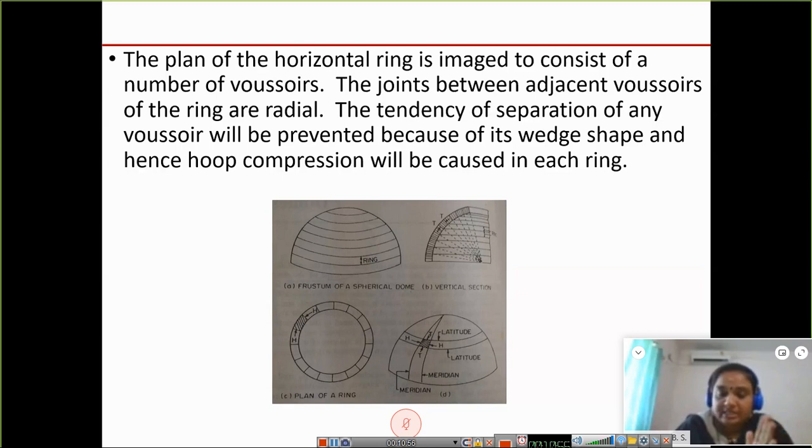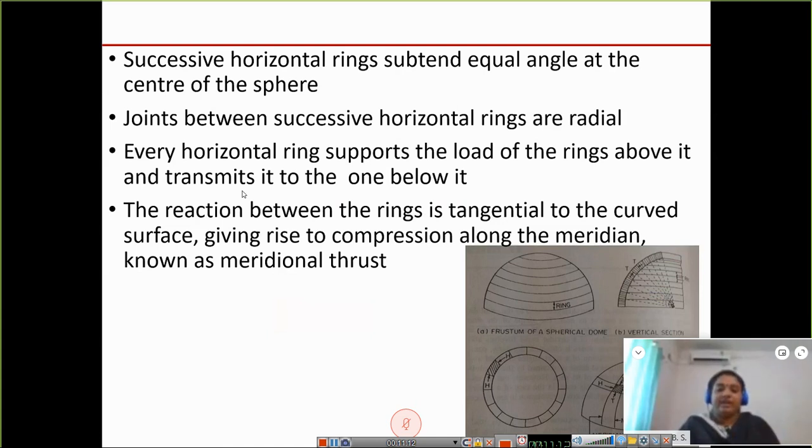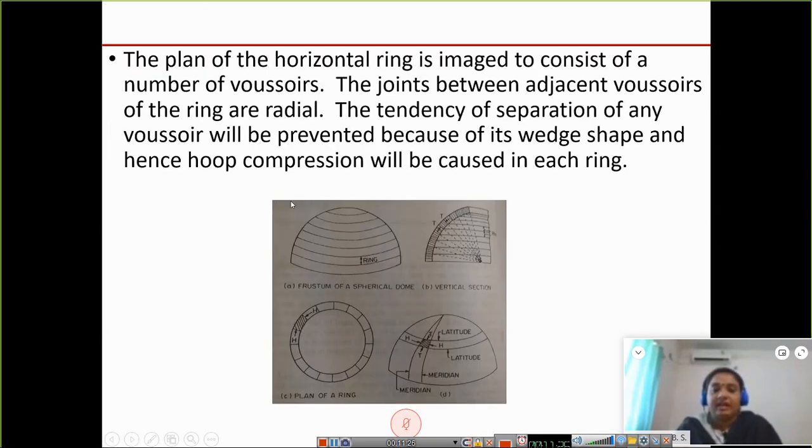So I'll just tell you again. We'll have different components, latitudes and meridians, and the weight of the upper one is coming to the lower one, and that reaction is tangential, which is called the meridional thrust, and we'll have the wedge shaped rings for the Vaussiers.